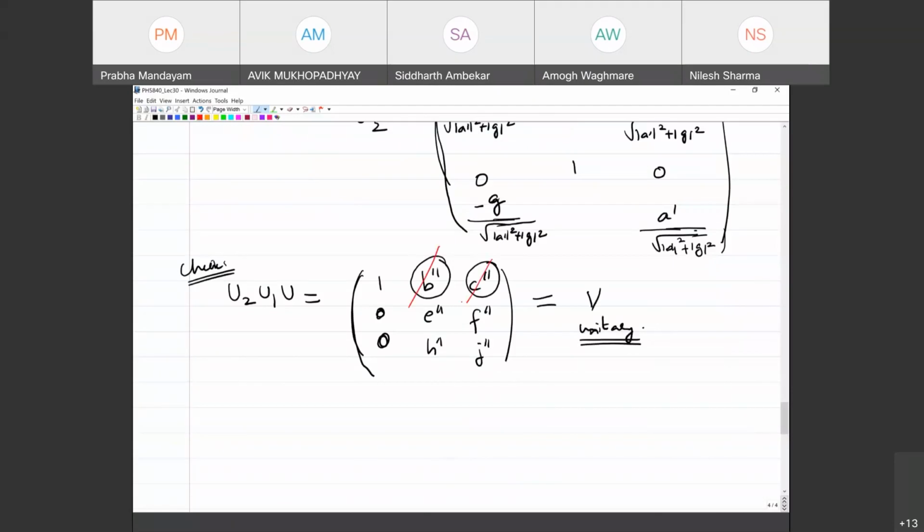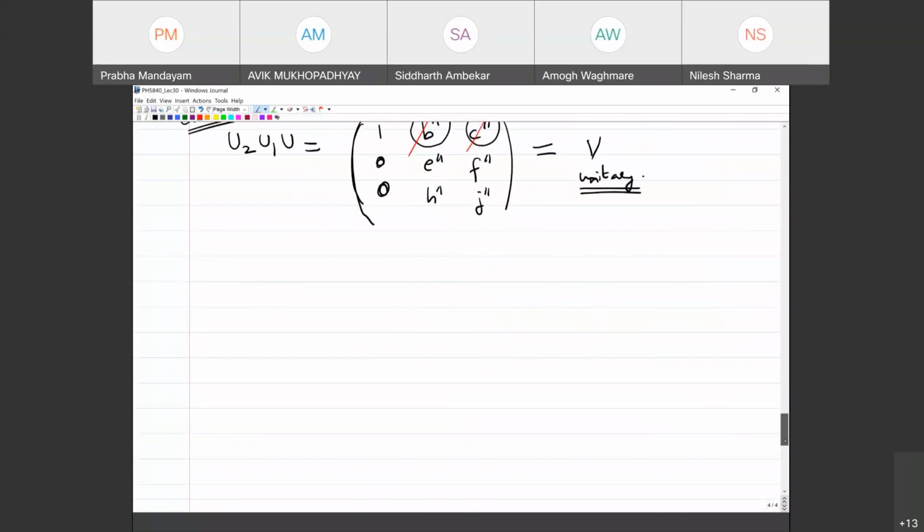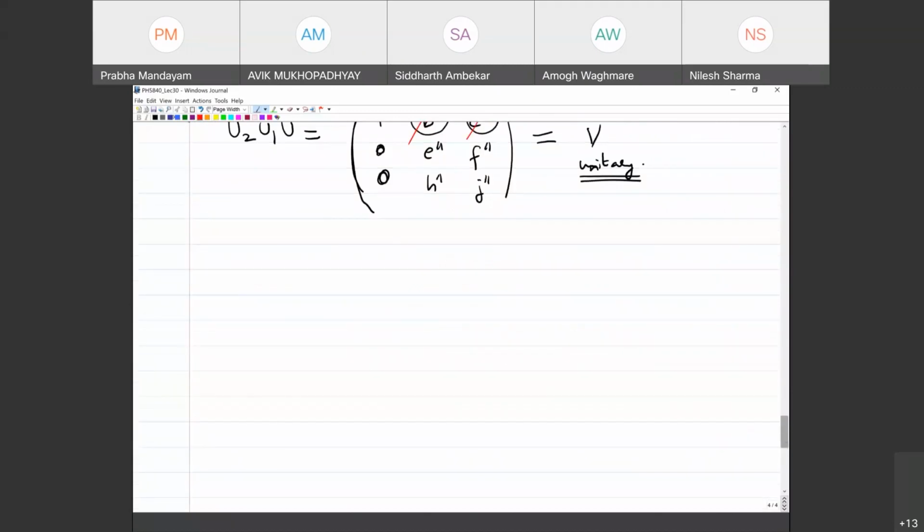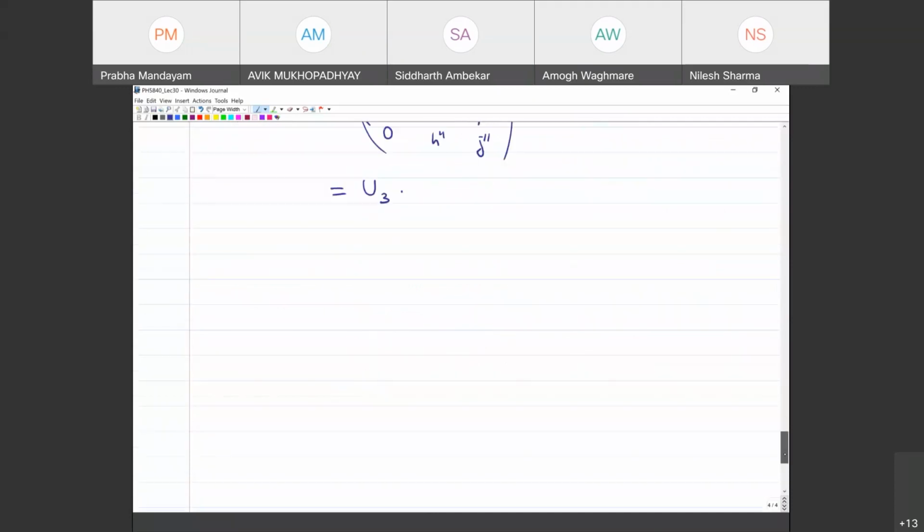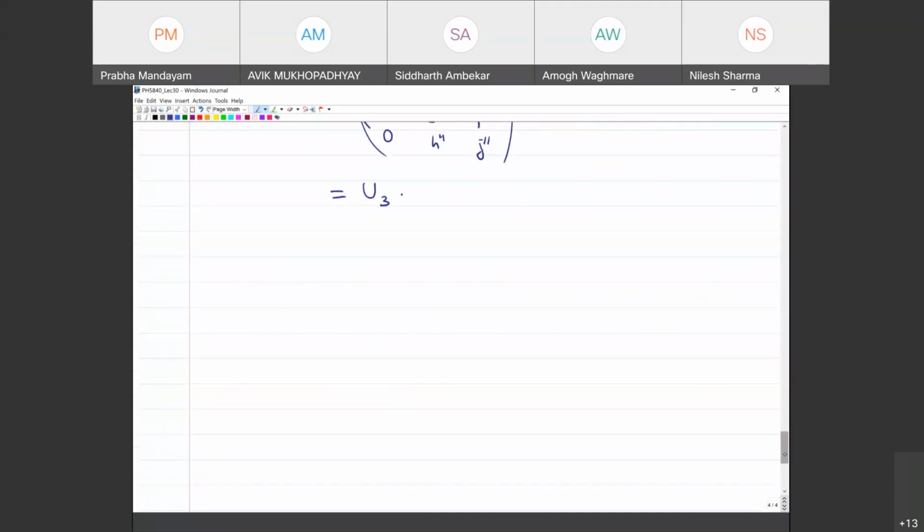Okay, so actually if you check, you'll essentially get something of the form 100, and you have E double prime, F double prime, H double prime here. But this again is another two-level unitary, right? And this is U3.